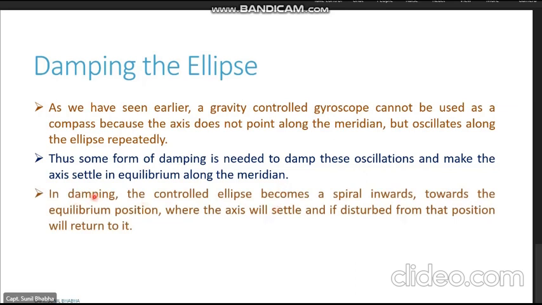Now in damping, the controlled ellipse becomes a spiral inwards towards the equilibrium position where the axis is going to settle down, and also what is important to note is that if the axis is disturbed from this settling position, the axis has the capability to return back to the equilibrium position.